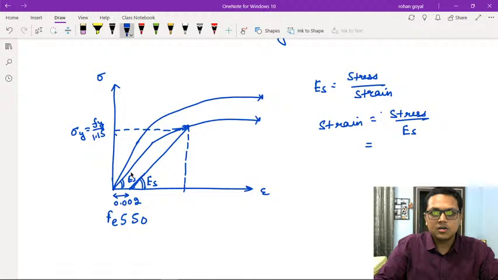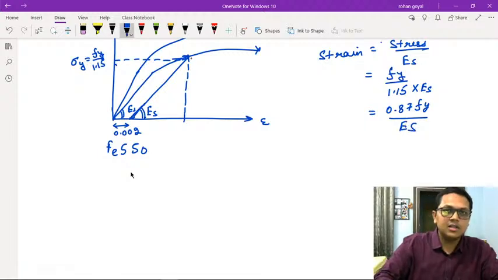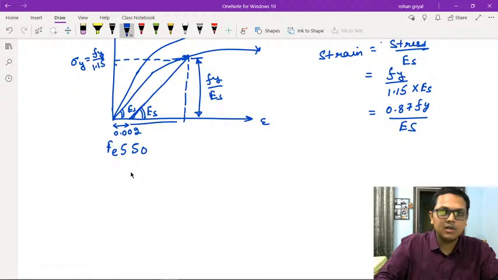So strain is equal to stress, which is fy upon 1.15, divided by Es. It can also be written as 0.87 fy upon Es.